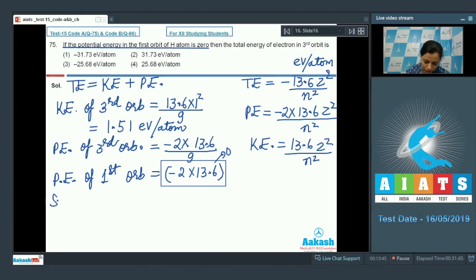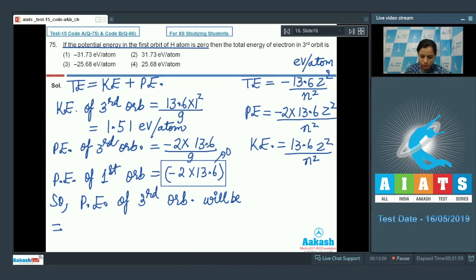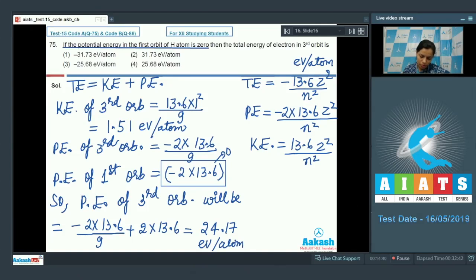So on this basis, the potential energy of the third orbit will be equal to minus 2 into 13.6 by 9 plus 2 into 13.6. If you calculate this, you will find this value is 24.17 eV per atom.